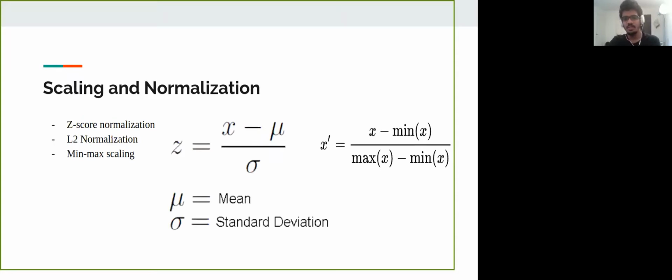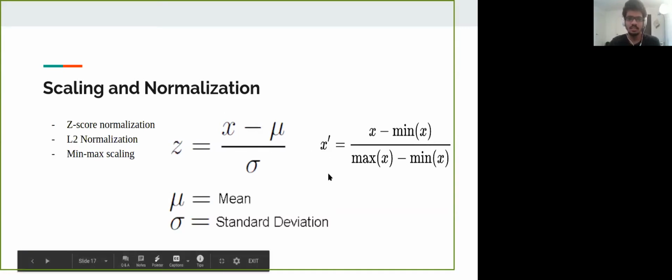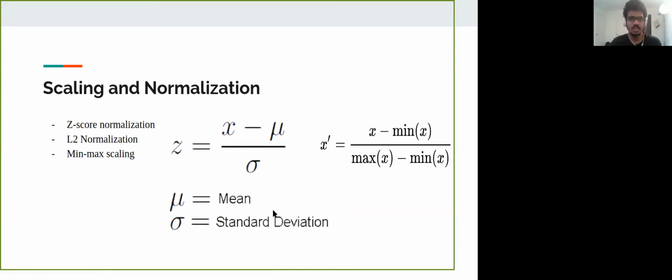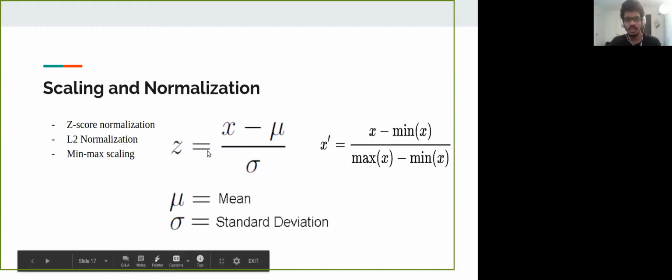For the numerical features, we would have scaling and normalization. So z-score normalization, which is right here, is the most common normalization technique used. Even for batch normalization in neural networks, this is still used. Another one is L2 normalization. And another one is min-max scaling, which is right here.